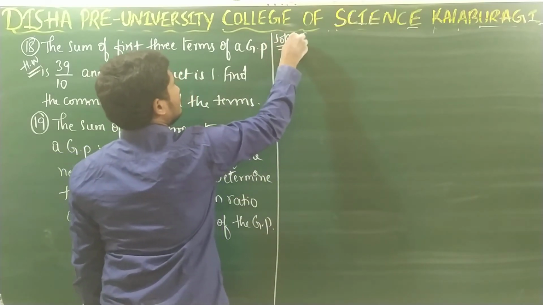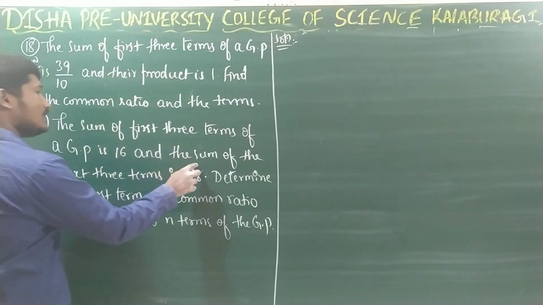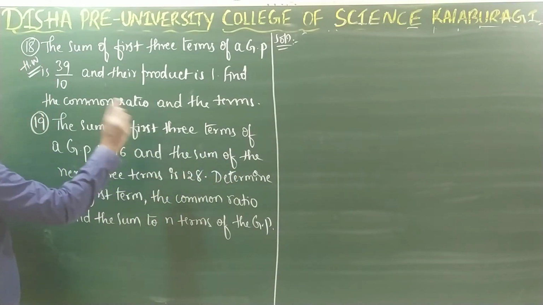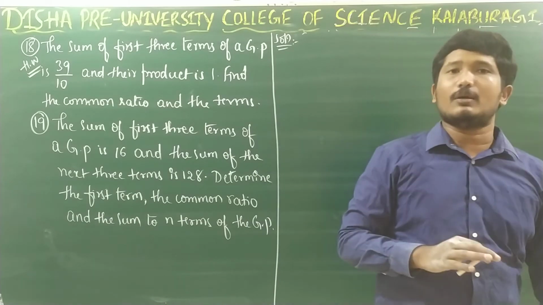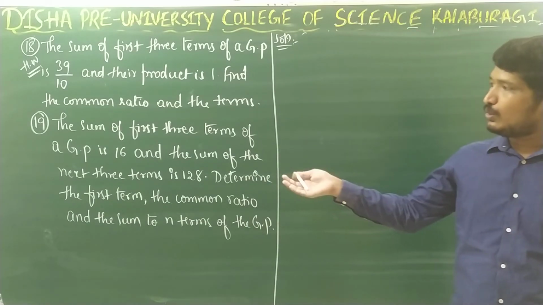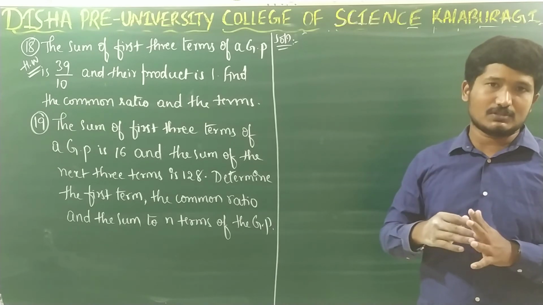Solution. The sum of the first three terms of a GP is 16 and the sum of the next three terms is 128. Product of three terms is not mentioned, so it is okay if you take A, AR, AR square as the first three terms.